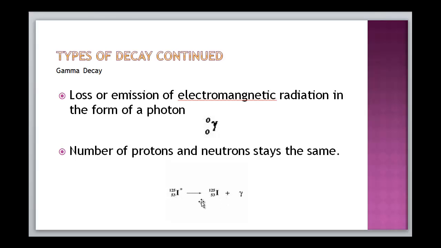In this example, we still have iodine, but what we're eliminating as this reaction occurs is this little asterisk here, or positive energy that it has. Okay, so the atomic number stays the same, the atomic mass stays the same, and then you have the emission of the gamma particle, which is a photon, so it should give off some light or energy associated with it.